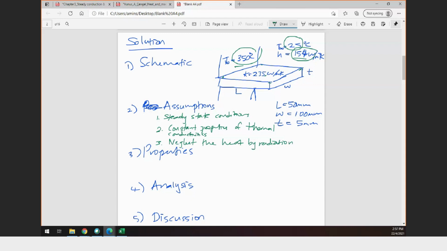Okay, the properties. The only property given here is the thermal conductivity, the k value of the fin. The thermal conductivity of the fin is 235 watt per meter Kelvin, and is assumed constant.